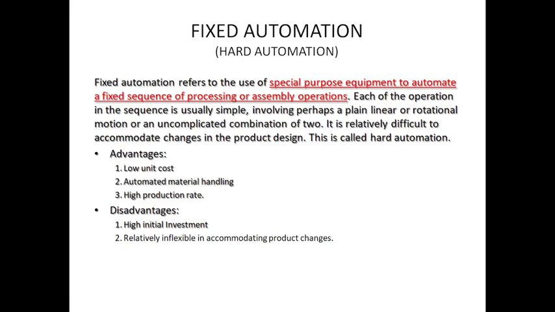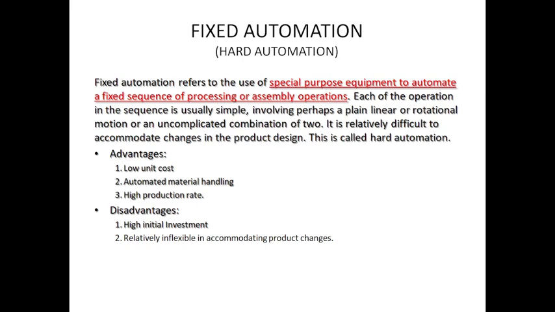Fixed automation refers to the use of special purpose equipment to automate a fixed sequence of processing or assembly operations. All of you may have heard of the Model T, made by Ford in the 20th century, in the 1920s, near about the First World War time.